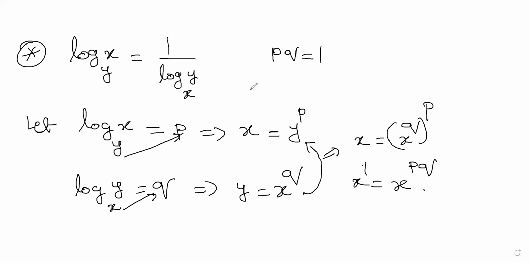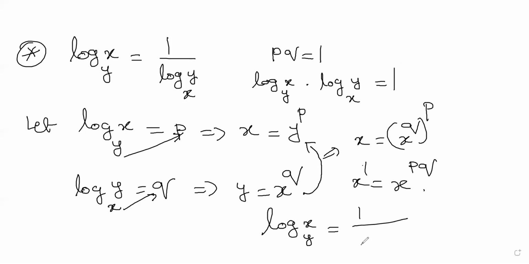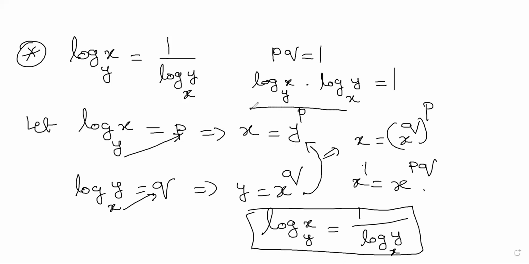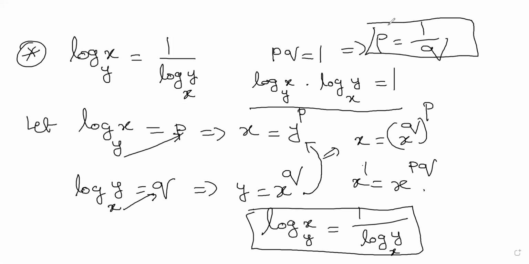Which means log x to the base y into log y to the base x is equal to 1. Which means log x to the base y is equal to 1 by log y to the base x. Since the product of these two is 1, you can write p is equal to 1 by q. So from this you can get it. I hope I'm clear.